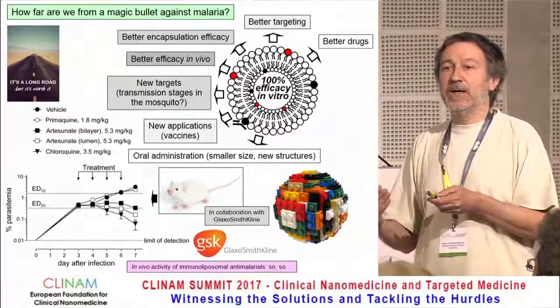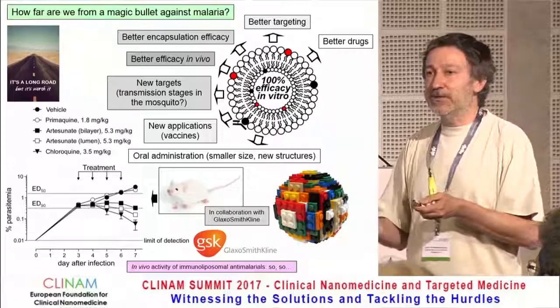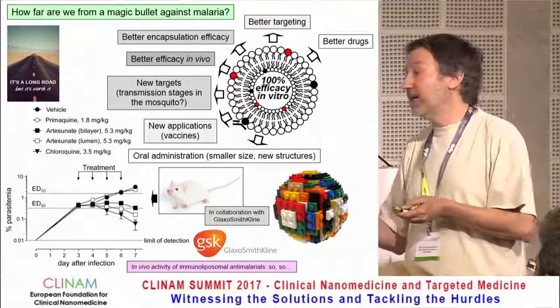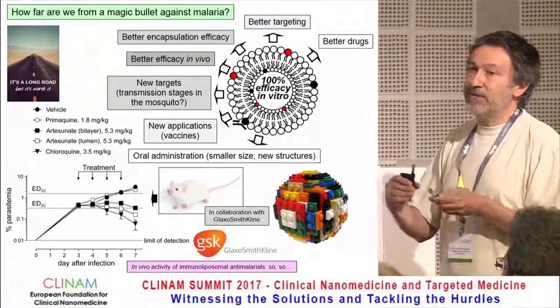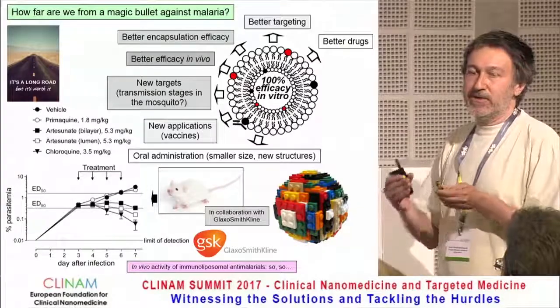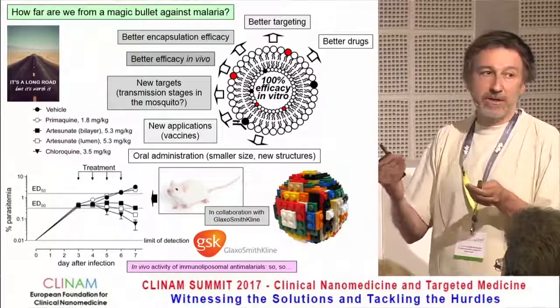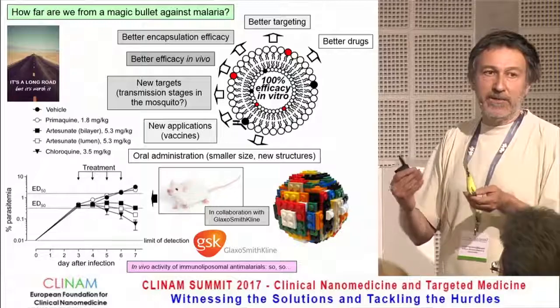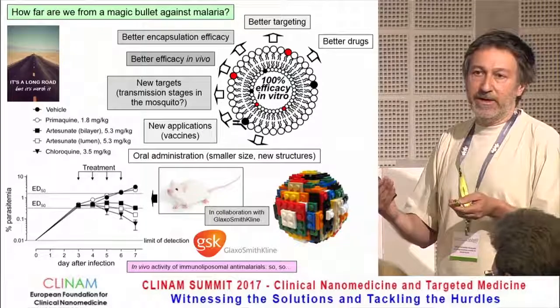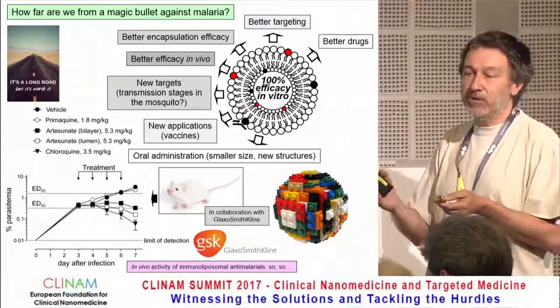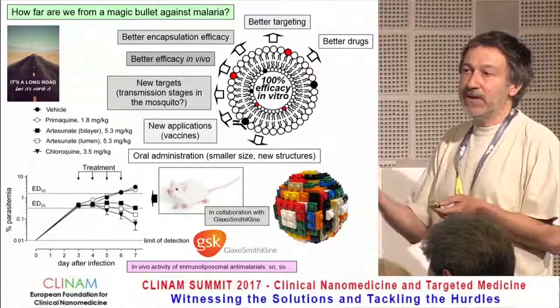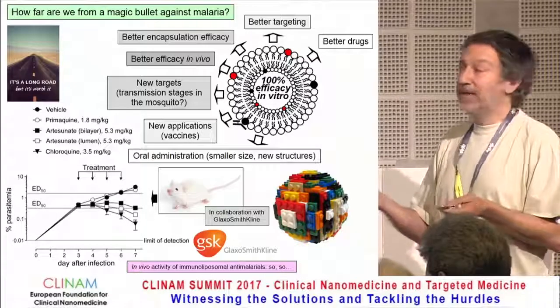And here is where I will present in the next slide some attempts that we are making at new combination strategies against malaria. Combination, until now, is understood, as Reto said, as combining two drugs. In this way, you clearly can improve efficacy, and you can limit the evolution of resistance because you kill the parasites faster.